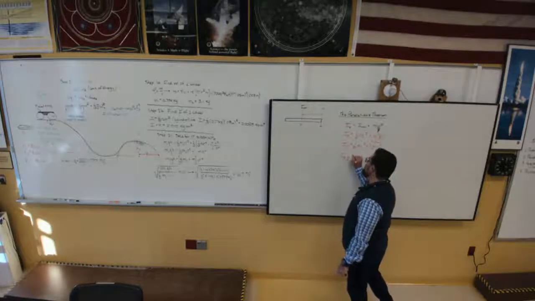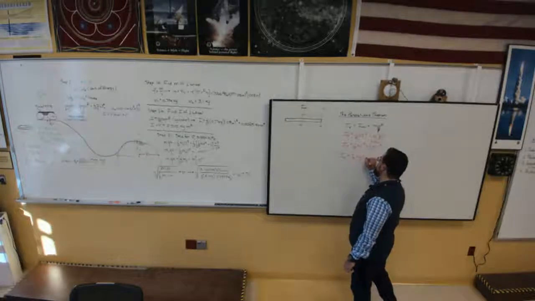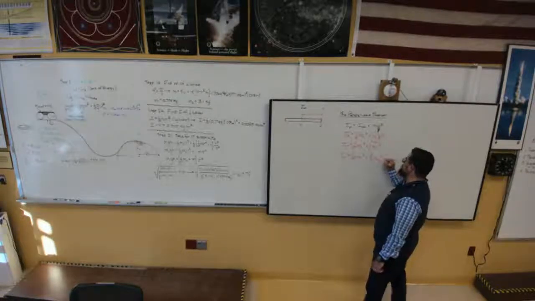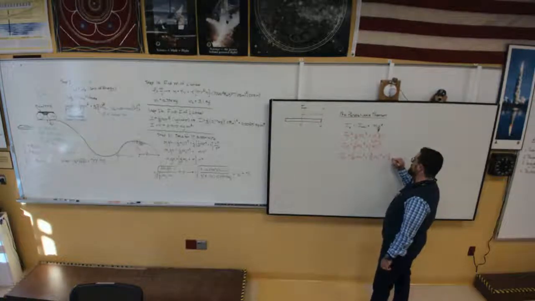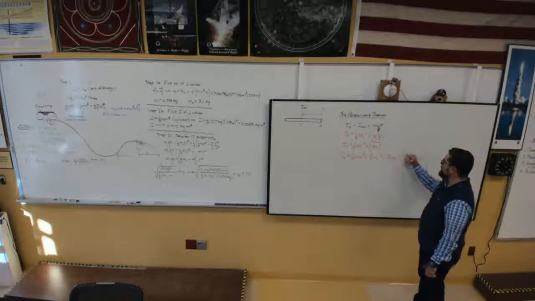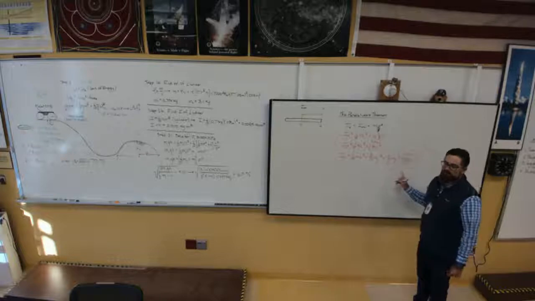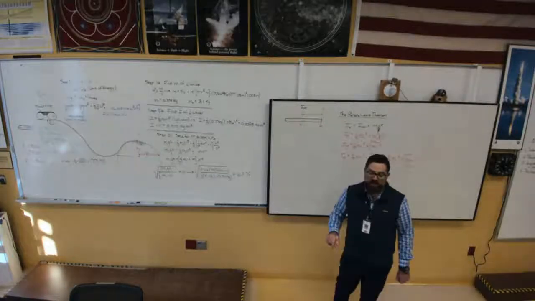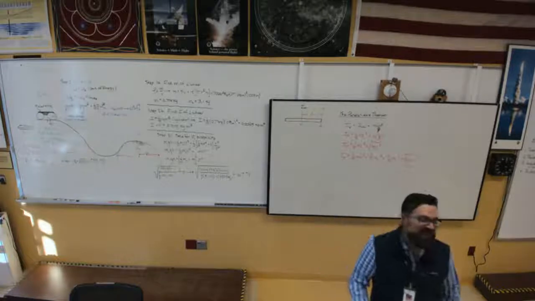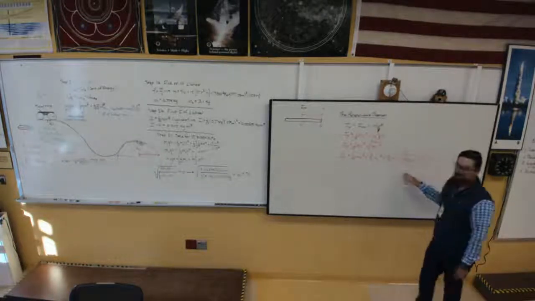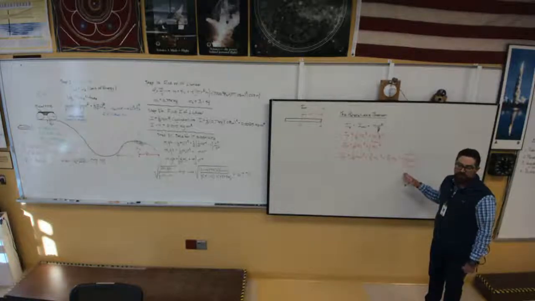This gives me 1/12 ml squared plus 3/12 ml squared, which gives me 4/12, or 1/3 ml squared. That should look familiar from the moment of inertia that we derived around the end axis using calculus methods. But now you can see that there are other ways to do that using the parallel axis theorem.